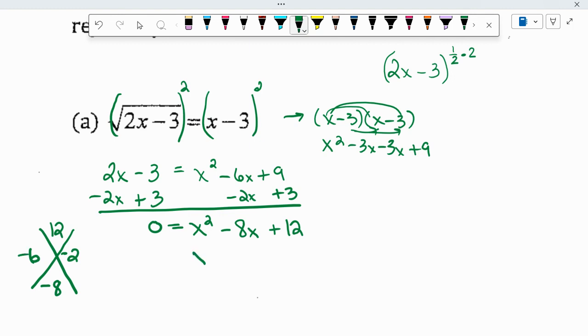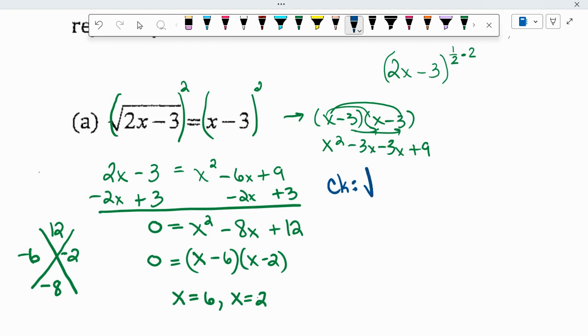Negative. x minus 6 and x minus 2. Those both equal 0. So remember that if your factors are negative, your roots are positive. So that means that x equals 6 or x equals positive 2. One of those does not work. We have to plug it into the original. So let's check it.